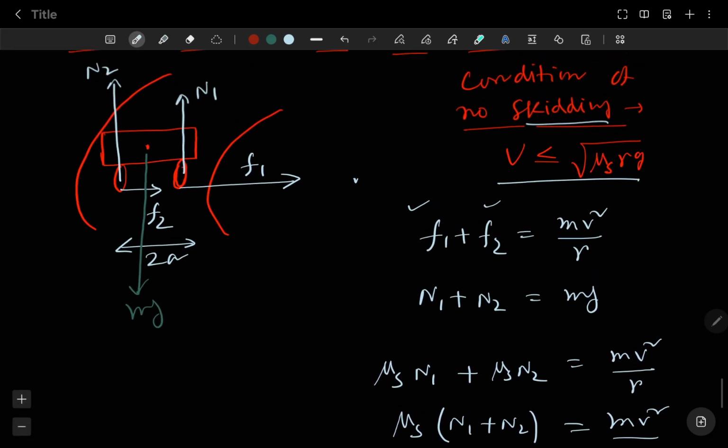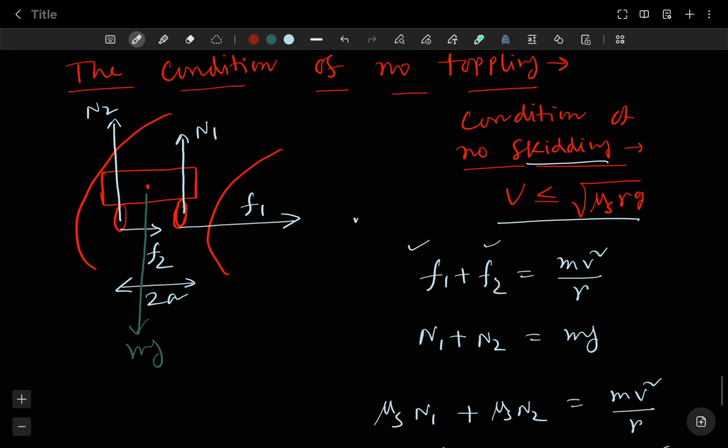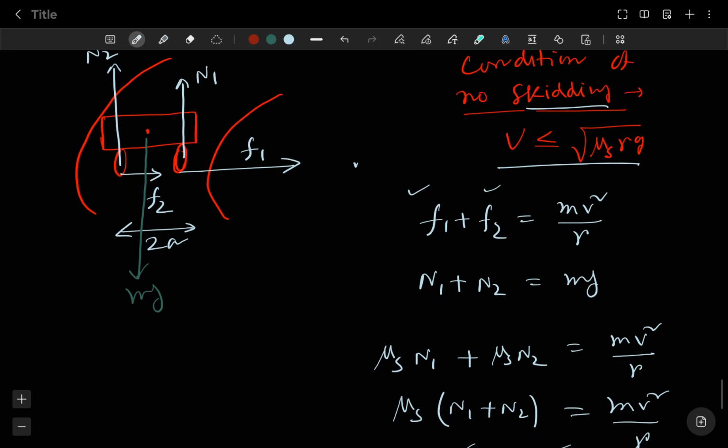But what is the velocity for which it will not topple? See how to calculate this. We have to calculate the torque of these forces about the center of mass or center of gravity, whatever you want to call it. mg is passing through the center of mass, so it will not have any torque about the center of mass, but other forces will have.